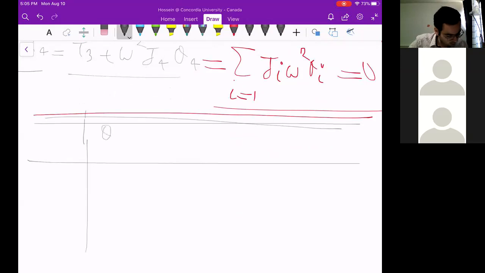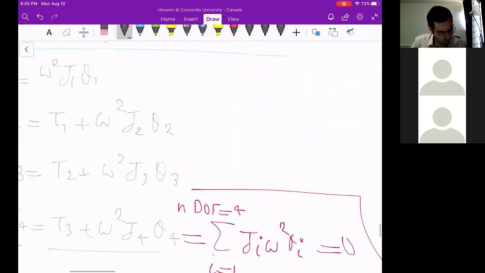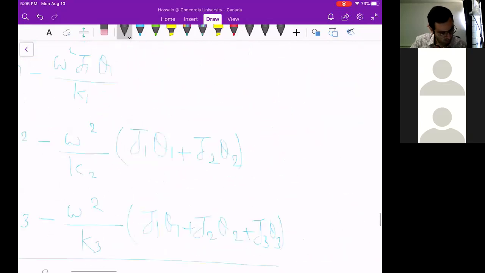For theta 1, you assume 1, and you have to find T1, always omega squared theta 1 J1. In the second case, you have to find theta 2 like theta 1 minus T1 over K1.